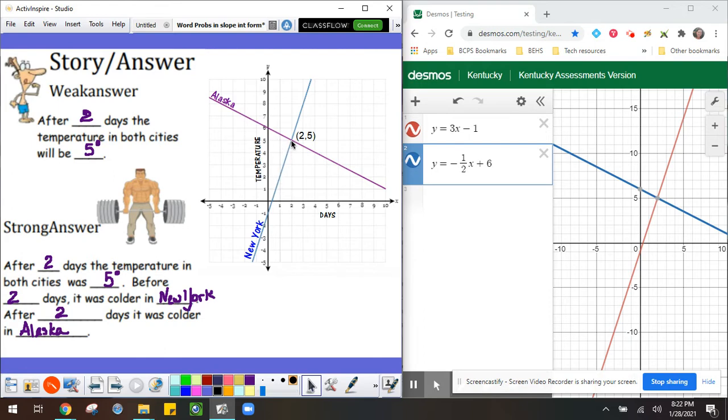And then after 2 days, it passes Alaska. The temperature is continuing to rise, but Alaska starts here at 6, and temperature is going down. And after 2 days, it's lower than New York. So you can tell more than just, oh, they cross at (2, 5). It means 2 days, 5 degrees, (2, 5). Those are the things we were talking about.